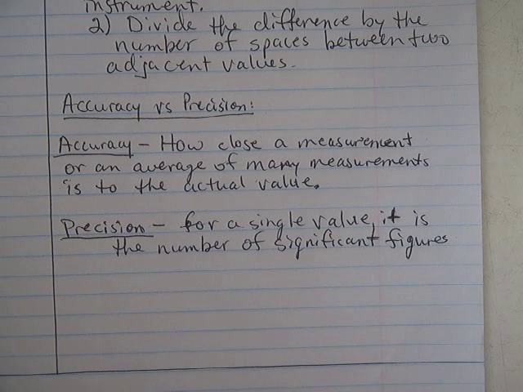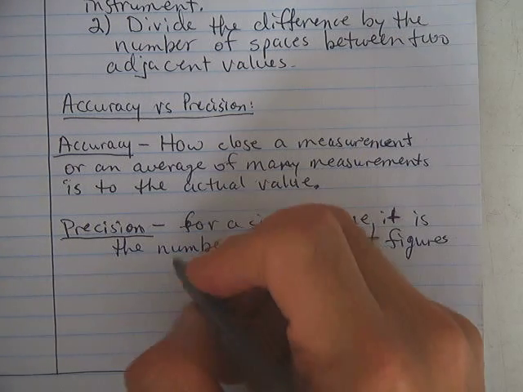So I said 21.325 is more precise than 31. So there you go. Now precision, on the other hand, with many measurements, is how close they all are to each other. And so we'll do some examples of that in just a minute.